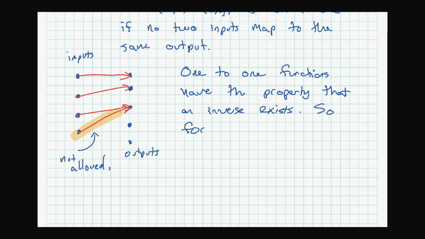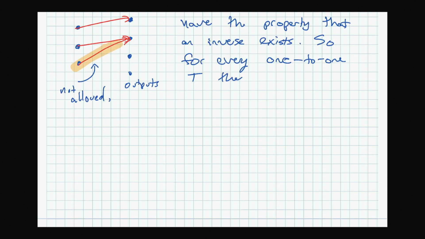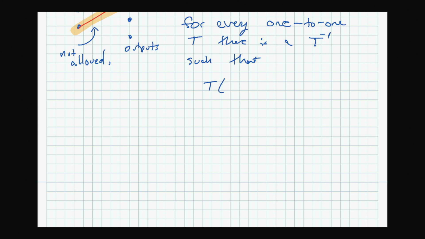So for every one to one T, there is a T inverse such that T of T inverse of whatever variable it is.